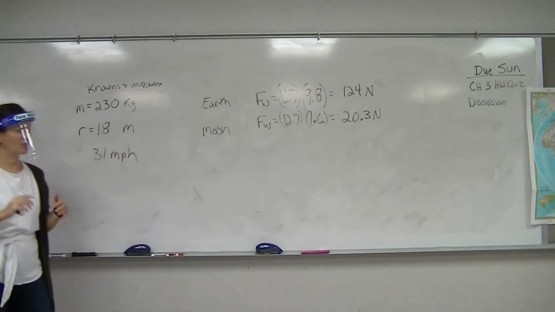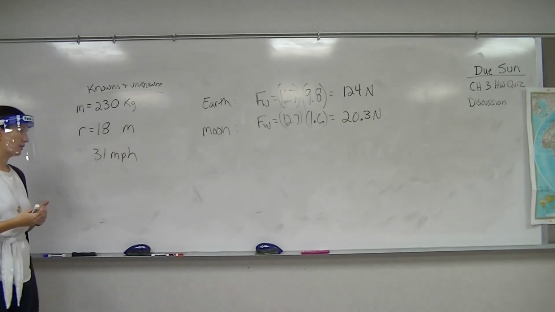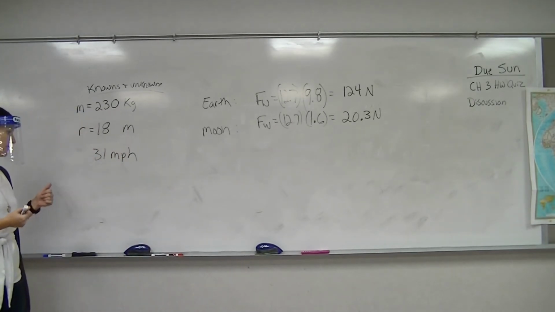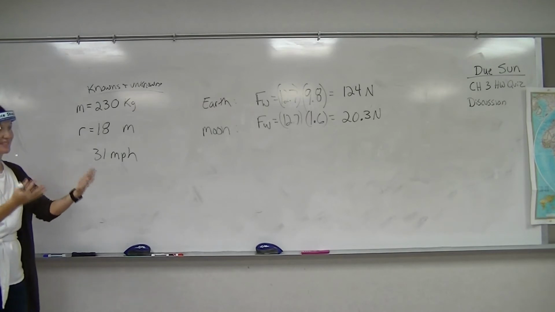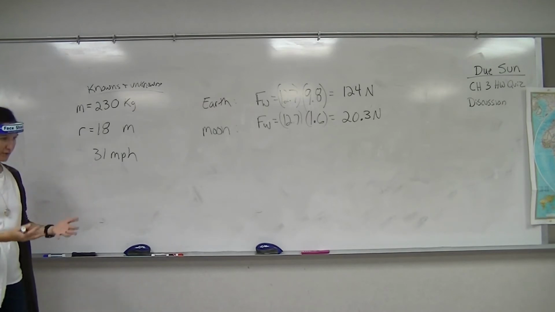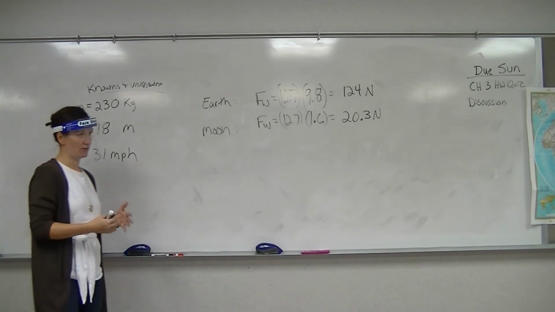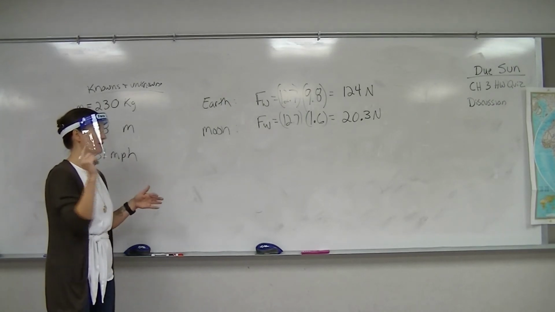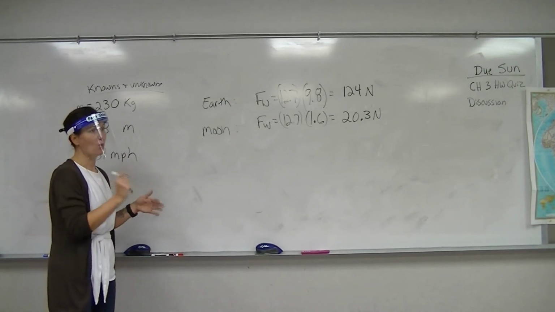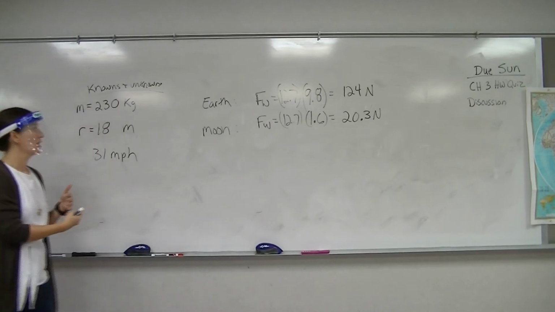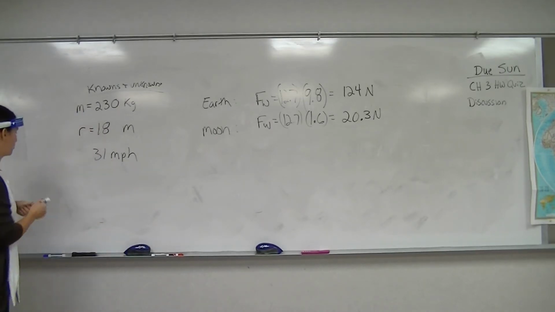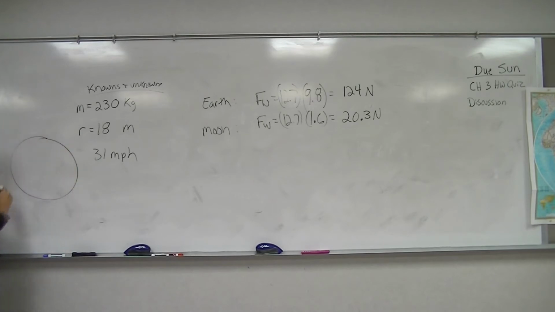So anytime an object takes a turn or goes around a curve, centripetal force is needed in order for an object to go around a curve, to go in a circle. So every time you go on a roundabout, you need centripetal force in order to turn, okay? So when we do that, we're looking at a circle, right?